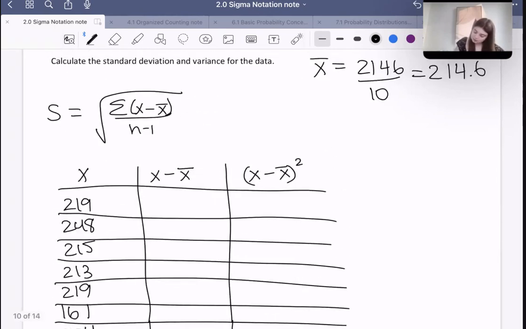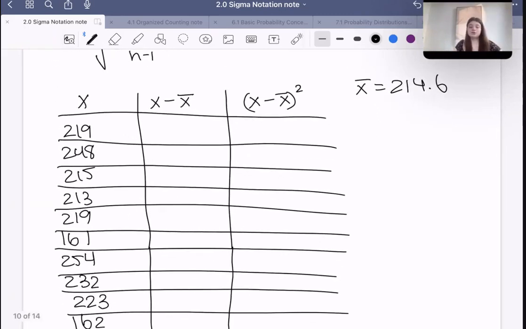Okay, so now let's do x minus x bar. So x bar, just a reminder, was 214.6. So what's 219 minus 214.6? Well, that's 4.4. How about 248 minus 214.6? Well, that's going to be 33.4, and so on and so forth.